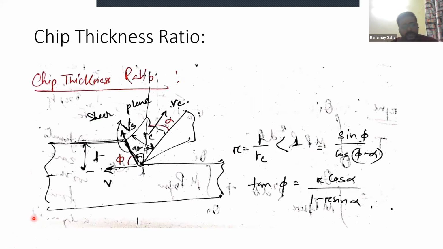Before coming to the next question, we'll have some small analysis like that of the chip thickness ratio, which we'll be using much in the upcoming problems. There is an analysis which gives the velocities of the chip, velocity of the shear plane, and the velocity in the cutting direction.